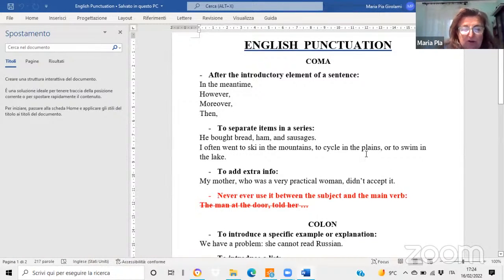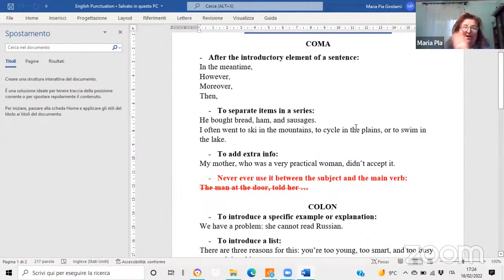On the contrary, never ever use the comma between the subject and the main verb. Sometimes when it's a long subject, people tend to put a comma. No, no comma between the subject and the verb. The man at the door told her, without a comma. This is wrong because there shouldn't be any comma between the subject, the man at the door, and the verb, told her.